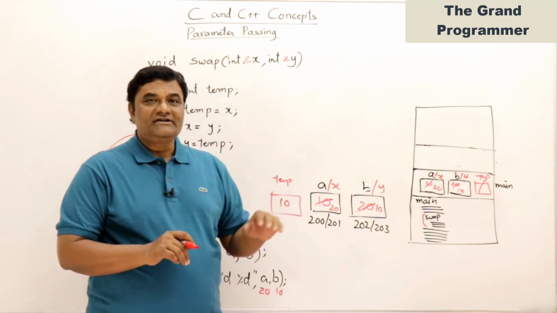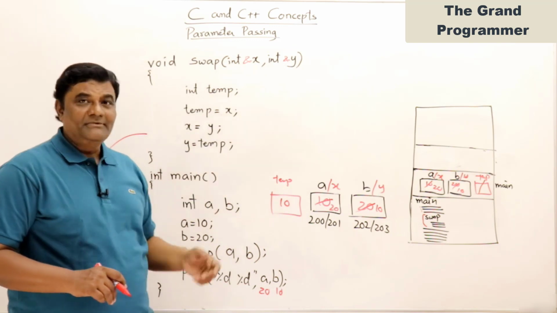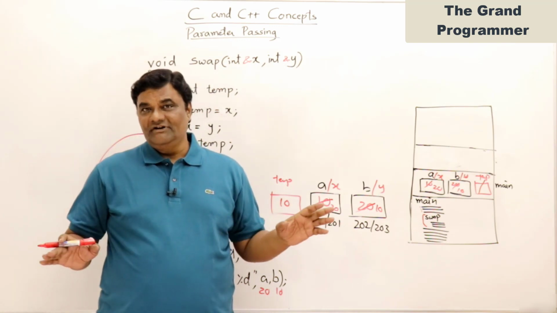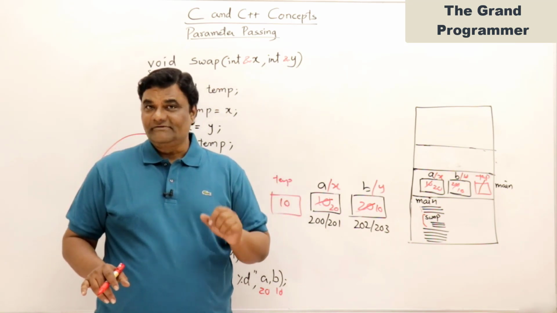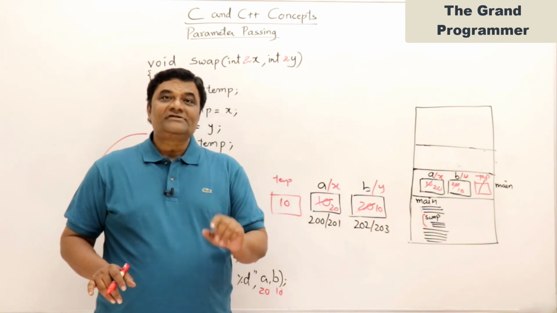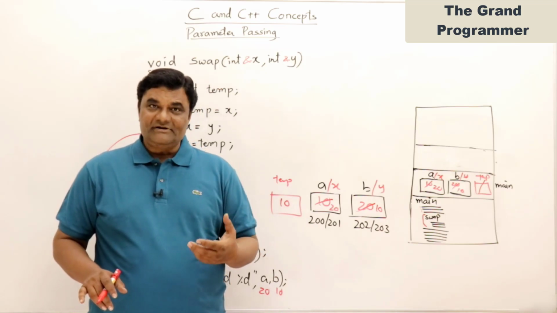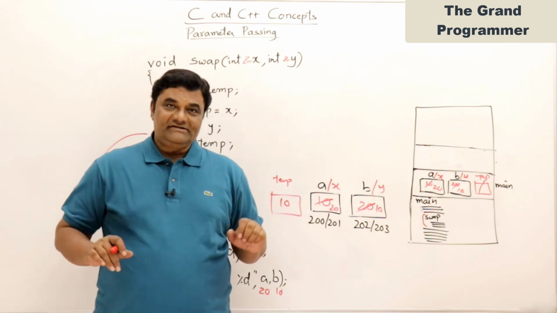You can use call by reference for small functions, 1 or 2 lines, or a function like swap, but don't use it for heavy functions which have loops and complex logic. So call by reference should be used carefully. It's a powerful feature of C++, but it cannot be used always.